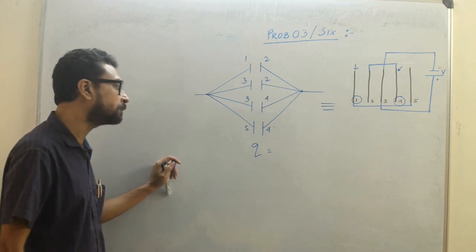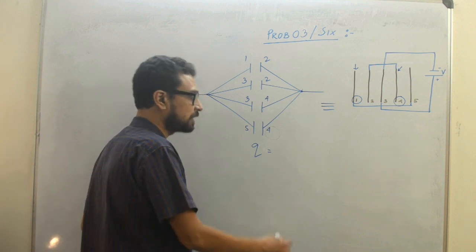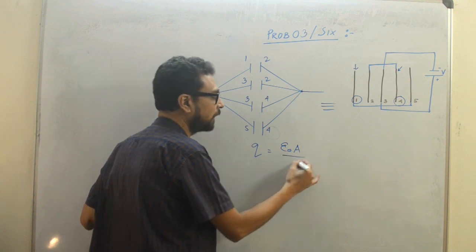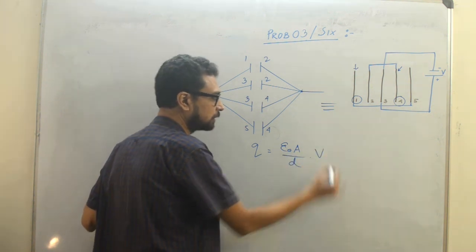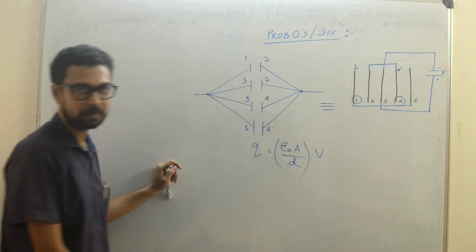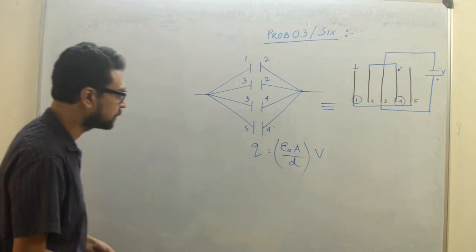So Q is equal to, the total charge is equal to CV, which is epsilon naught A by D into V. Okay, this is the expression for parallel plate capacitor. We know that epsilon naught A by D, and this is into V. The potential will give you the total charge.